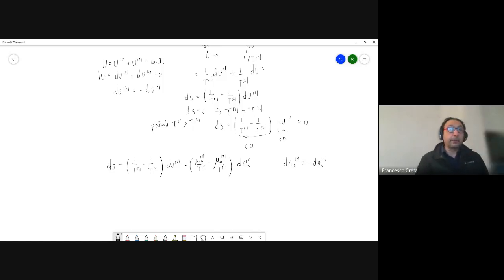But what you see here is something very similar. So at equilibrium, not only do you have uniformity of temperatures, but also of chemical potentials. So essentially at equilibrium, you don't have gradients of anything, you have complete uniformity of both temperature and chemical potentials.